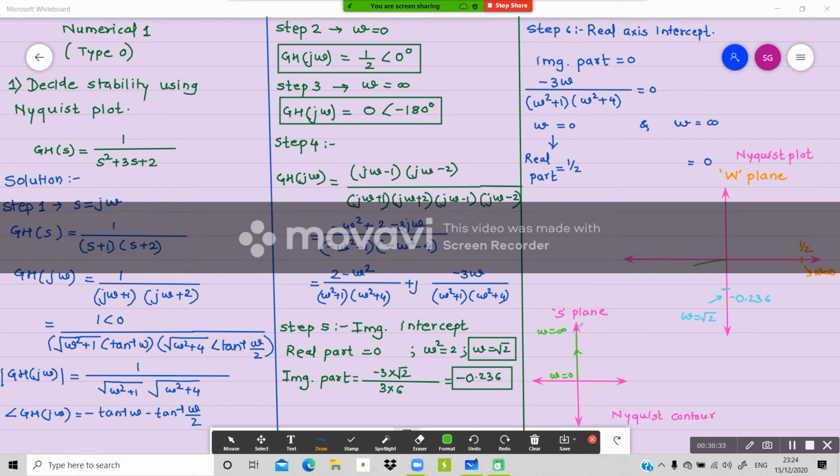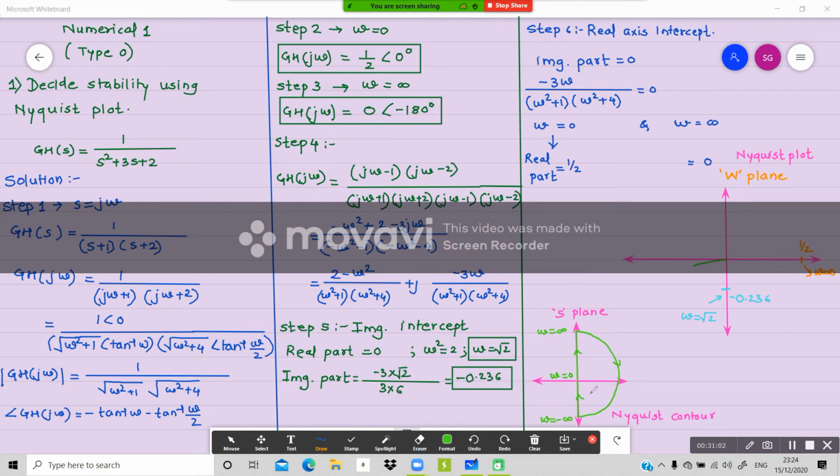From this point in a semicircular path you are trying to cover the whole RHP with infinite radius, and we are reaching at omega equal to minus infinity, and again from minus infinity to 0 we'll try to complete the path, right? So we are moving upward, and you can see very well the direction is clockwise.